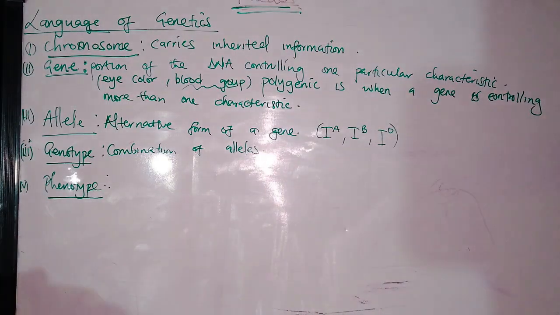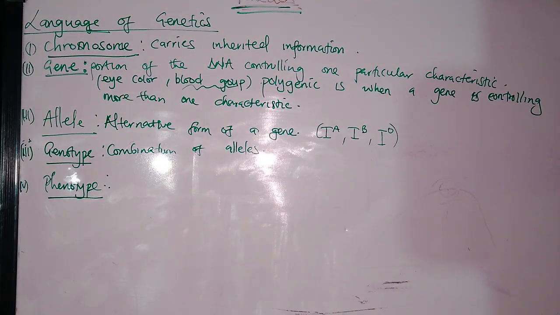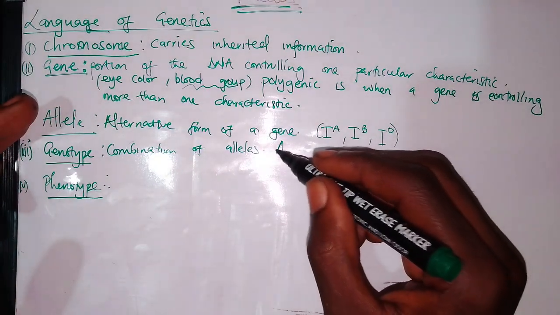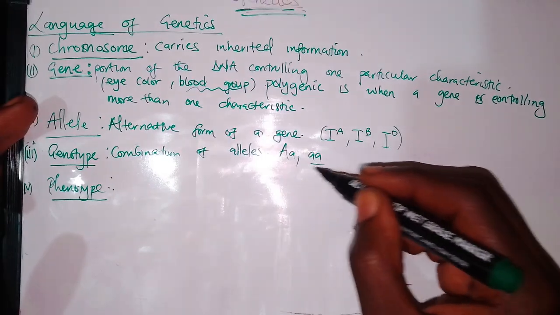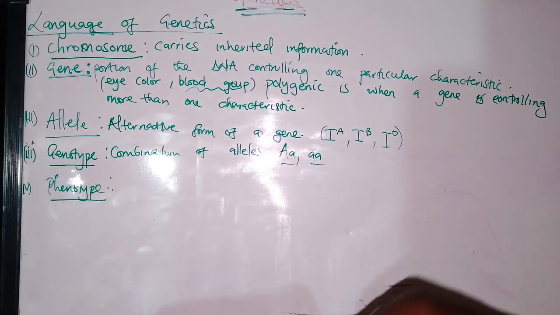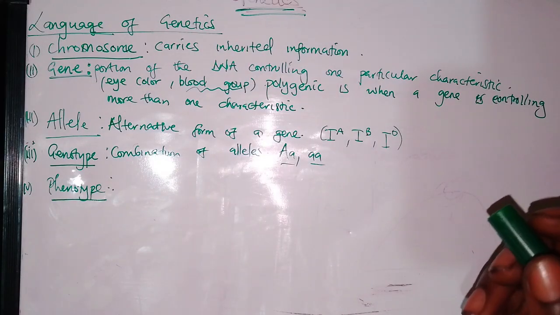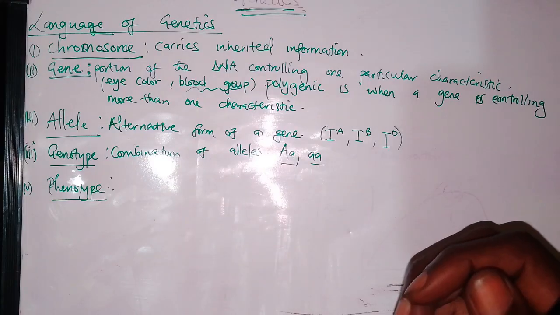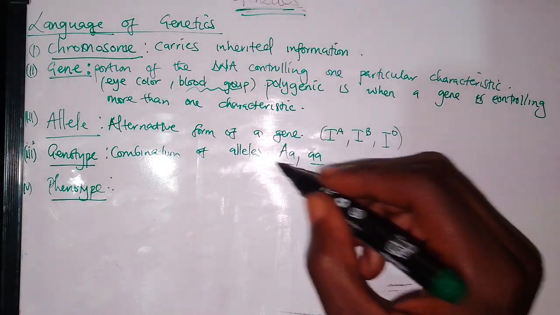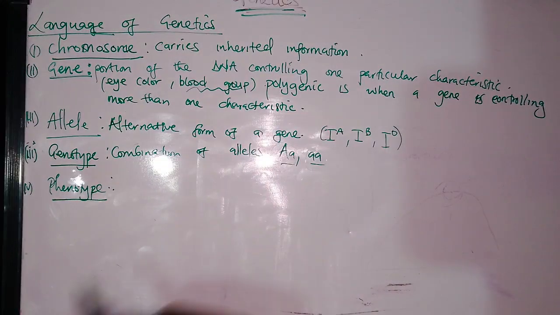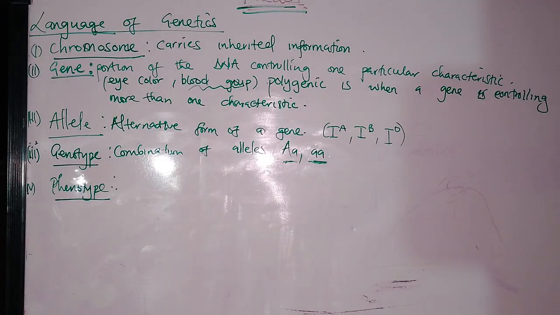When you combine alleles, because alleles always move together, one from the father and one from the mother, whenever you see this, just remember that this is the genotype.